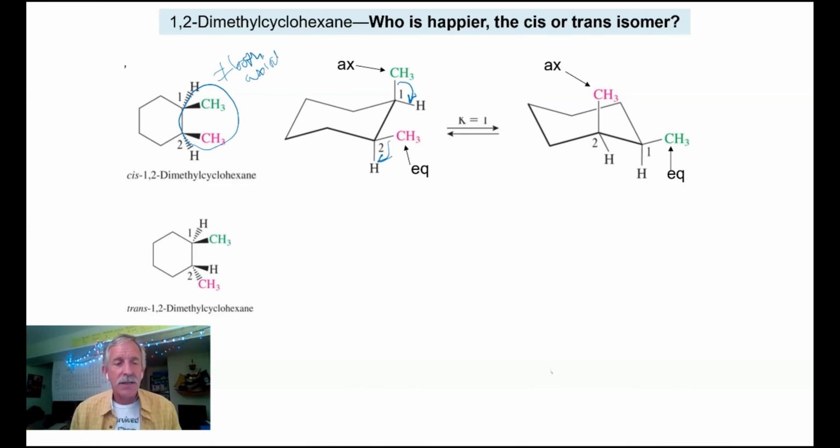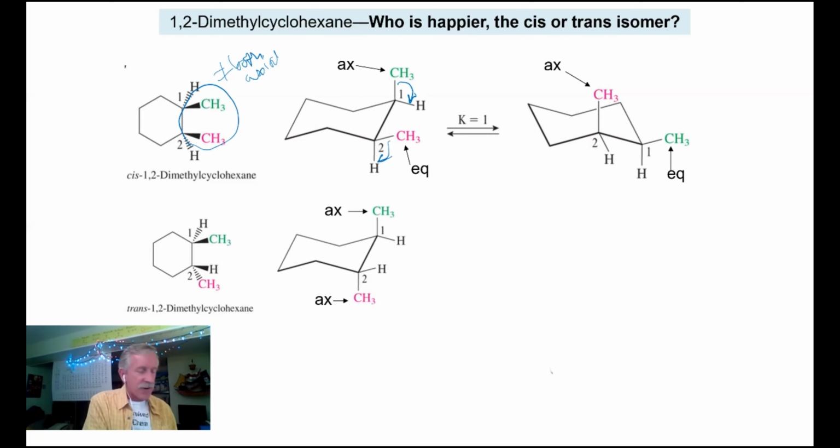Let's go look at trans. Please build these with your models. Definitely see them with the models and play around with them to make this clear to you. Let's play around with the trans. I can start with the trans and I can put, again, both methyls axial to each other.